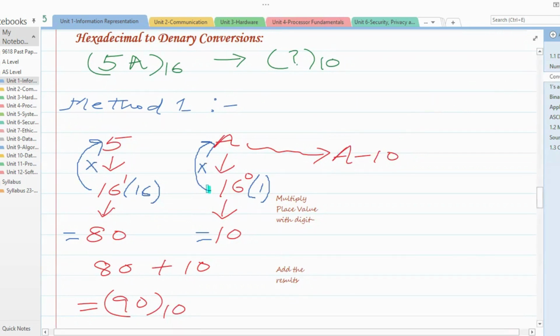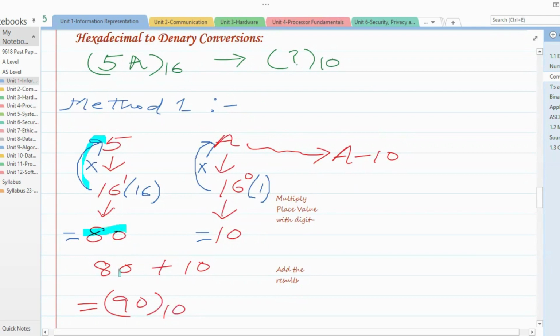Now, as part of this method, we'll multiply each individual digit with its place value. So 16 raised to power 0 is 1, and 1 into 10, A is 10, gives us 10. Here, 16 raised to power 1, which is 16, into 5 gives us 80.